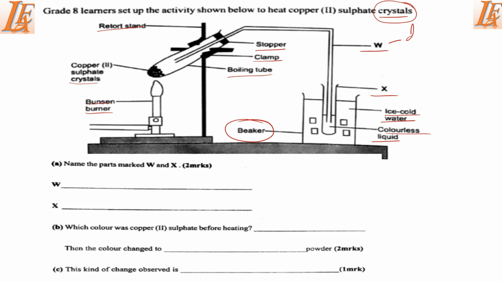We call it a delivery tube because it's used to deliver substances, especially in gaseous state. Then, can you name apparatus X? This apparatus X is a test tube. But again, since it's not so clear because it's a drawing, you can call it a boiling tube. You will not be wrong. You will get your marks.